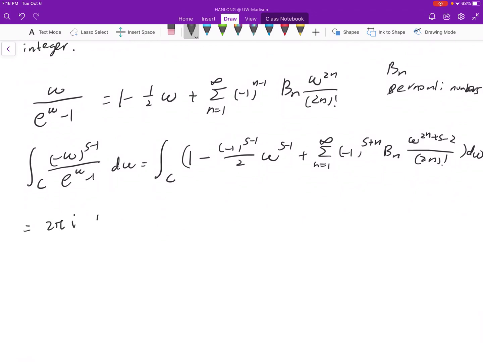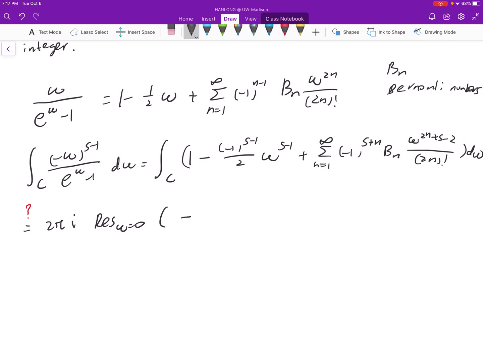We compute the residue at omega equals 0. Of course, here you need to work a little bit. Because the loop C is not closed, why does this equal this? Before you do the expansion, you need to first complete the loop. Okay, so I will omit this part here.